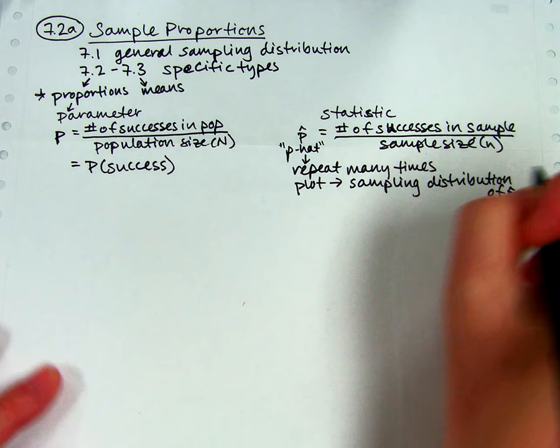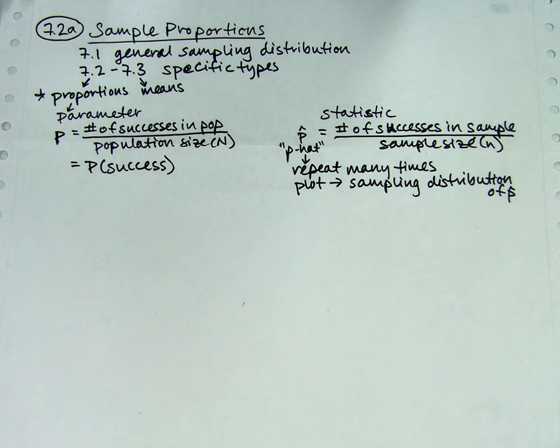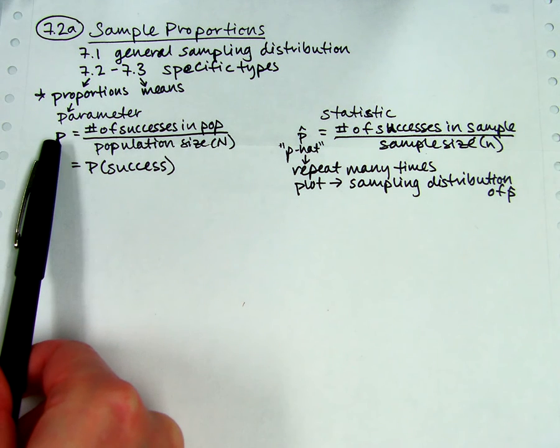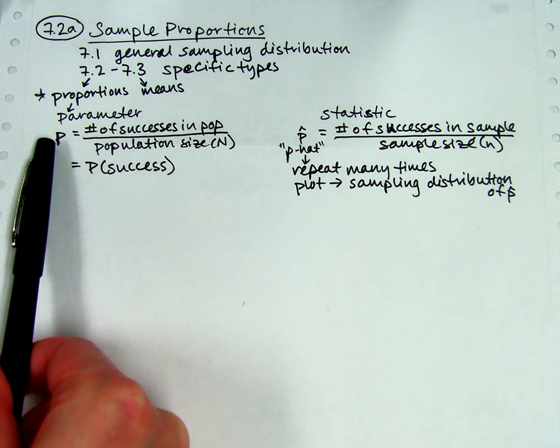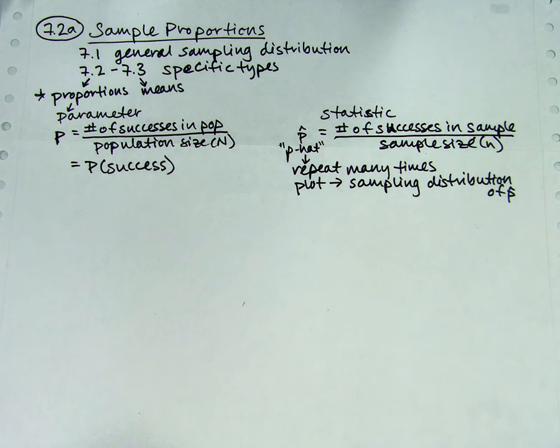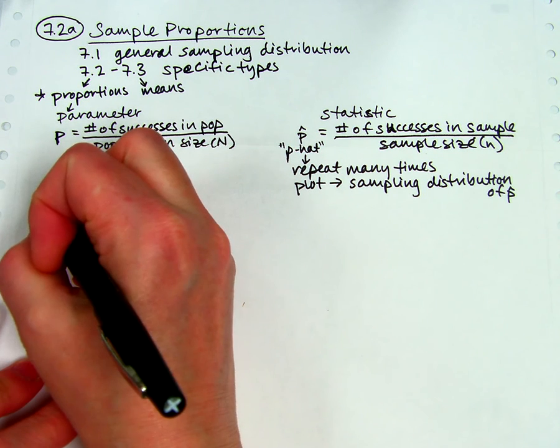Which is what we're going to be talking about today. What are the properties of that sampling distribution of all the p hats? If you plot each sample proportion separately, they'll sometimes come out slightly higher than the true probability and sometimes slightly lower, but they'll have a distribution that we can study. And so that's where we're headed with this part of the chapter.